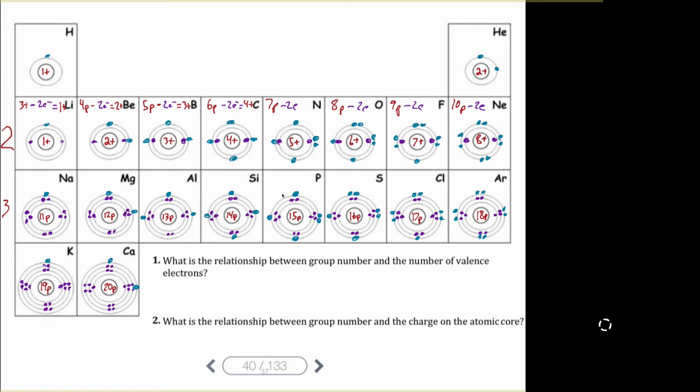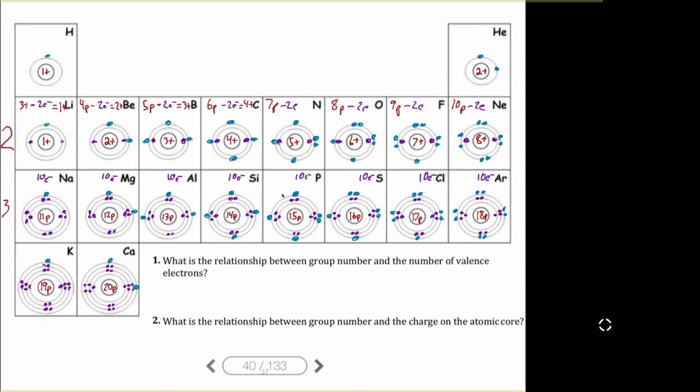You can see that if you take a look at sodium here: on this first energy level, there's 2 inner electrons, and on this second energy level, there's 8, for a total of 10. And so all of these are going to end up having 10 inner electrons, so we can write the 10 inner electrons for all of them.